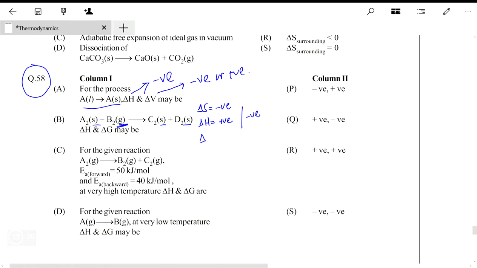Now the sign of delta G will depend upon these. Delta G is delta H minus T delta S. And because it is minus T delta S, this part is positive. So if delta H is negative, then delta G could either be negative or positive.